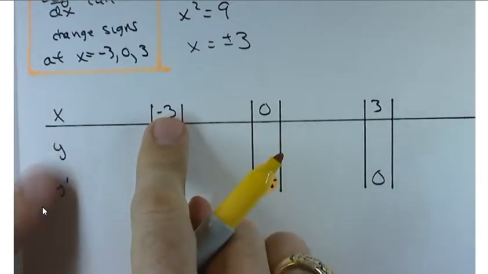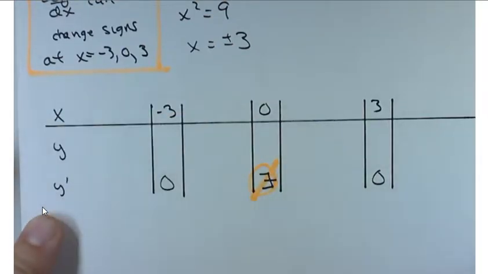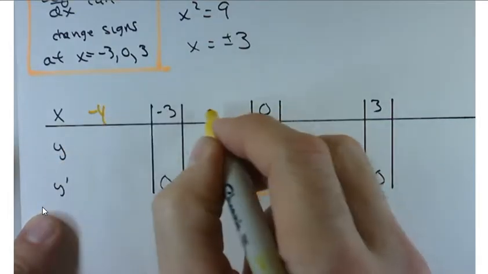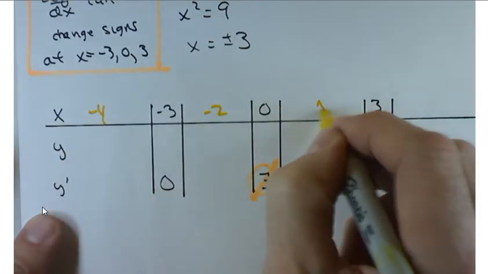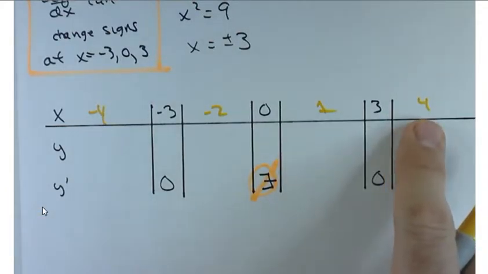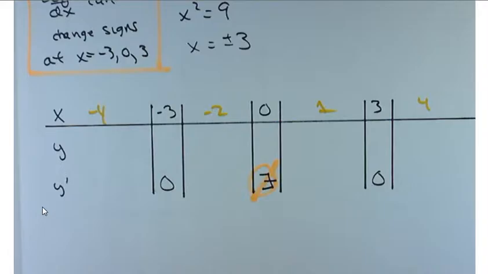Like what would I test here to the left of negative 3? Negative 4. Negative 2, 1, and 4. Test whatever points you want here. I mean, in this last interval, you could test pi, or pi squared, or pi to the 5th power, whatever you want. But, you might as well make it easy on yourself.